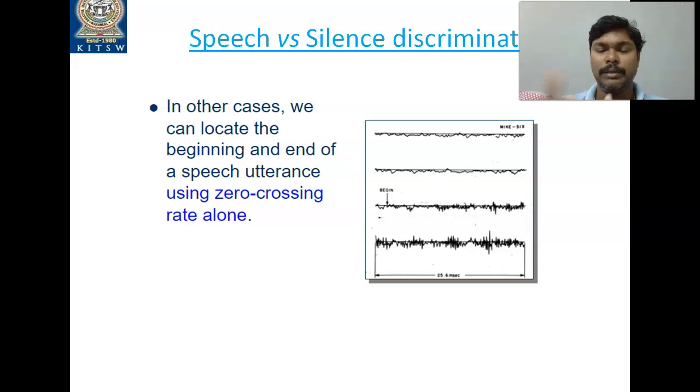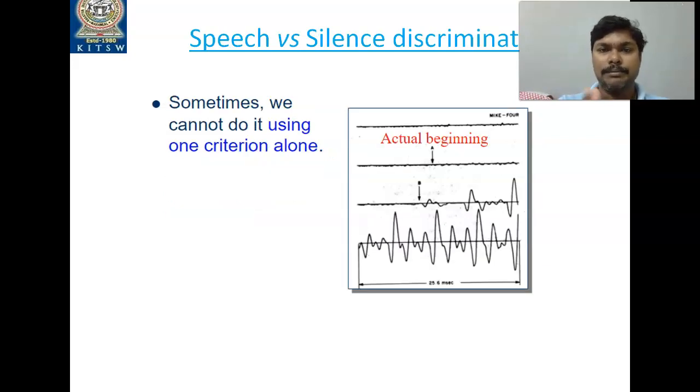Sometimes we cannot do it using one criterion alone; there should be a mixing of the two criteria for locating the beginning and end of a speech. Here you can easily observe a change: point A is the actual beginning, but we are going to be calculating from point B.